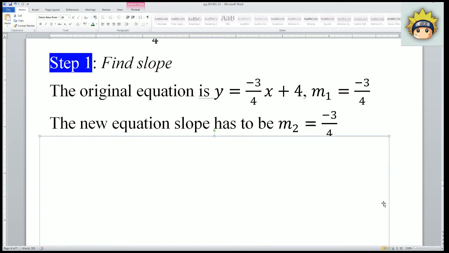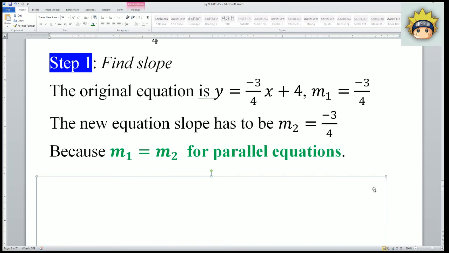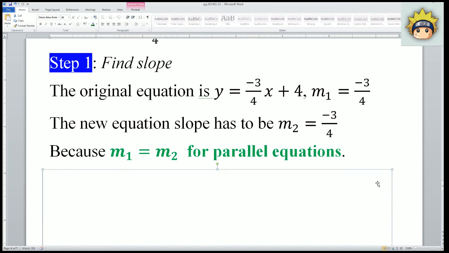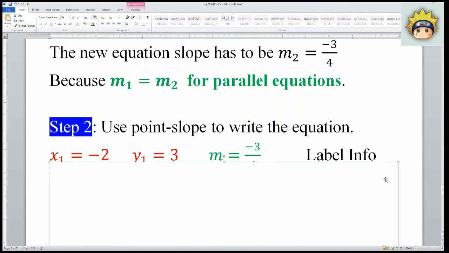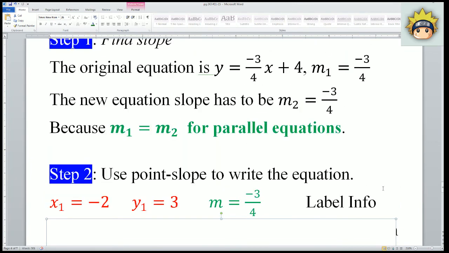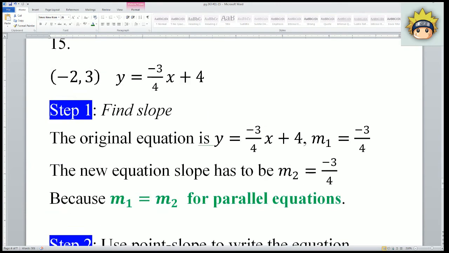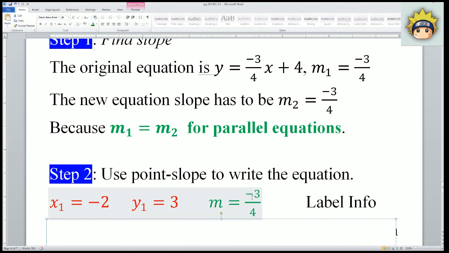The new equation's slope, m2, has to be equal to negative 3 over 4. Again, m1 has to be equal to m2 for the equations to be parallel. Step 2, use point slope to write the equation. I have x1 equals negative 2 right here. y1 is 3, and m is equal to negative 3 over 4.